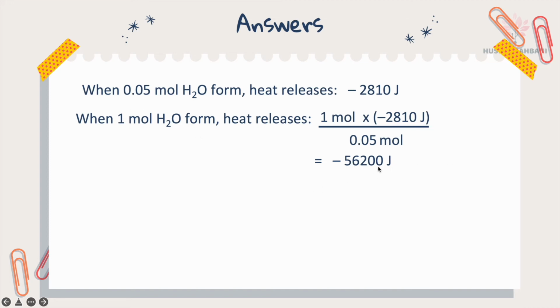So 56200 joule per mole, or 56.2 kilojoule per mole, because delta H neutralization, heat of neutralization, the definition itself is for 1 mole of water produced. So that's why you have to calculate for 1 mole of water. Don't leave it 0.05 mole. That's not heat of neutralization yet. You must calculate for 1 mole.